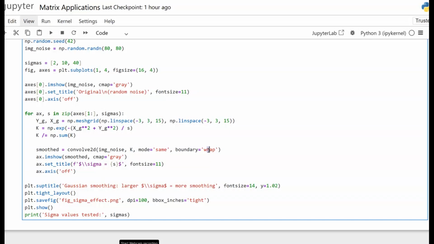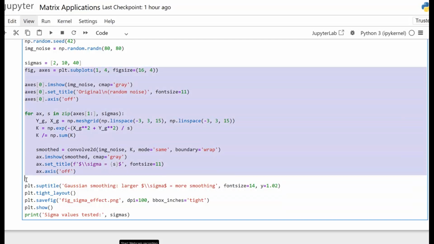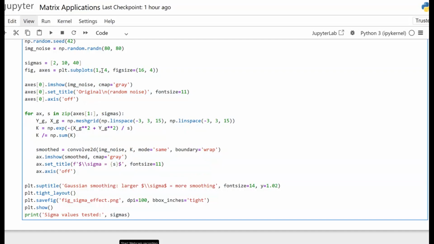Let me have this as a visualization output. Panel 1 is the original noise, and panels 2 to 4 are the smoothened results with increasing sigma, that is 2, 10 and 40. Let me execute and see.